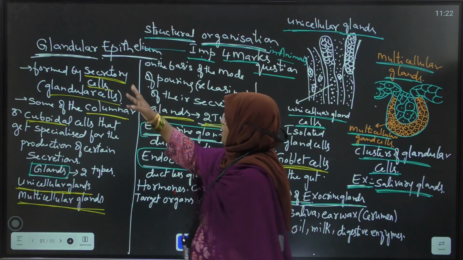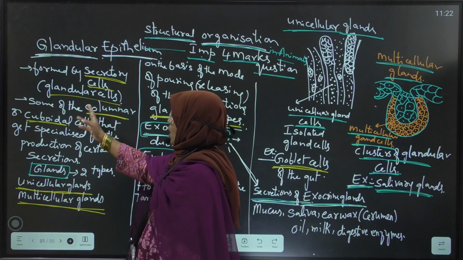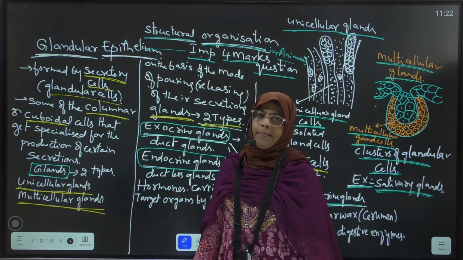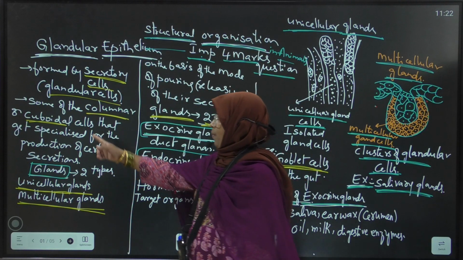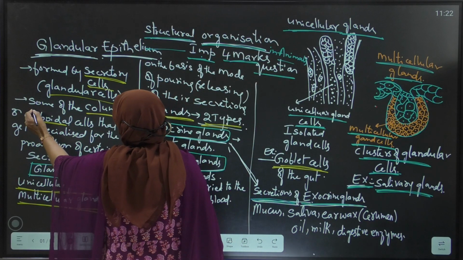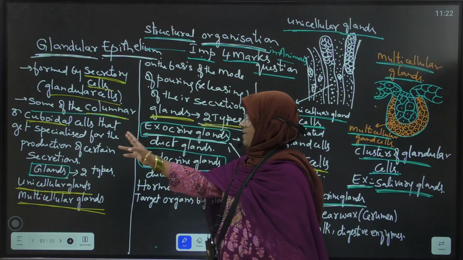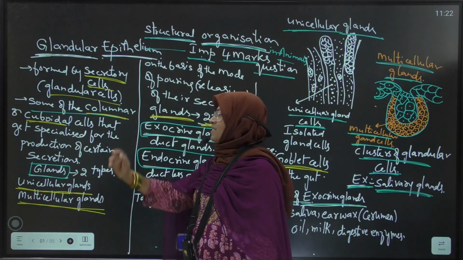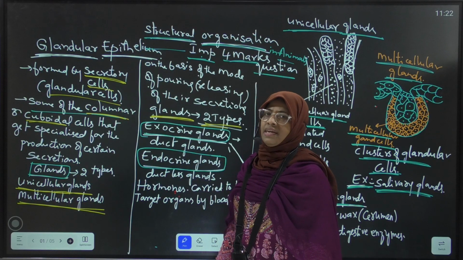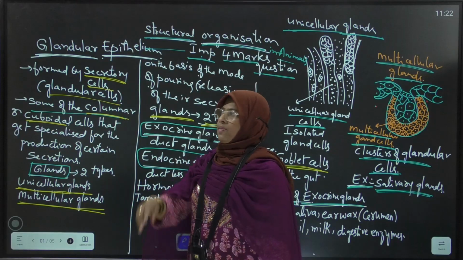Okay, glandular epithelium. Some of the columnar or cuboidal epithelial cells that get specialized for the production of secretions form glandular epithelium.